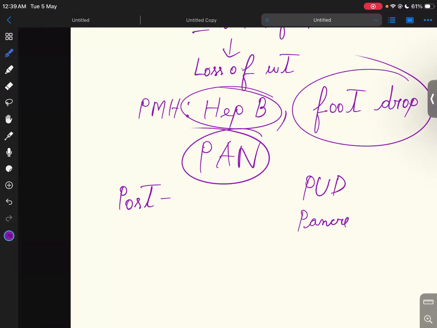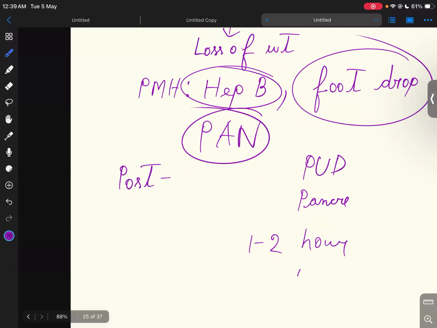But if it happens 1 to 2 hours after taking a meal, then this is something affecting the mesentery, that is mesenteric ischemia. Got your answer, Dr. Osama? Dr. Malik, did you get your answer?